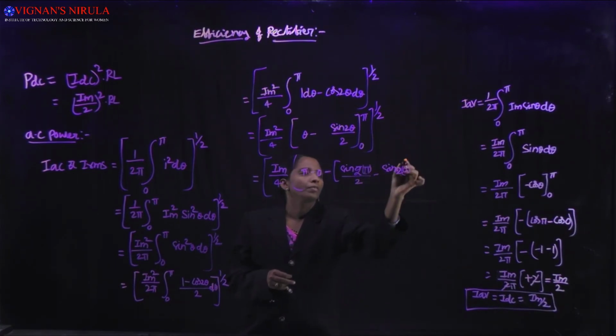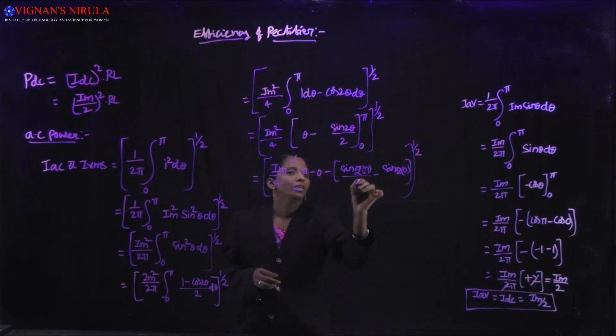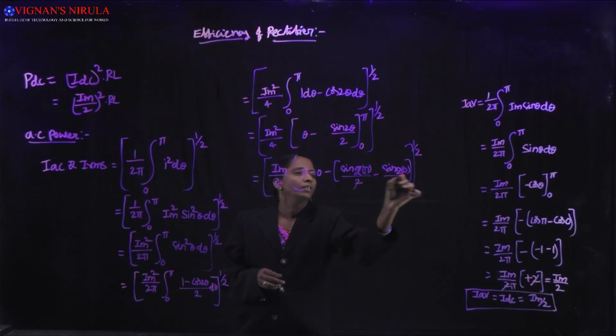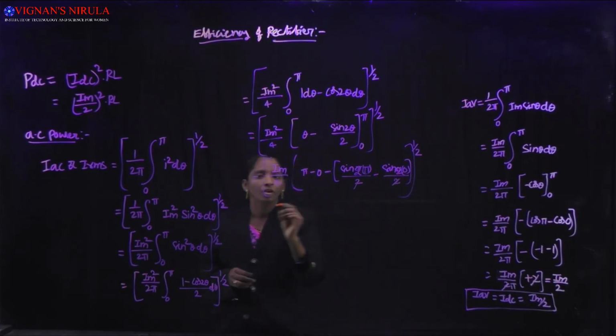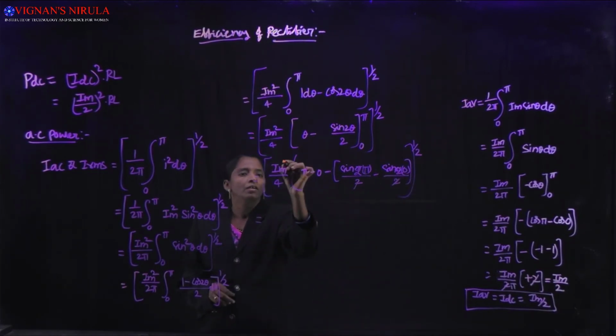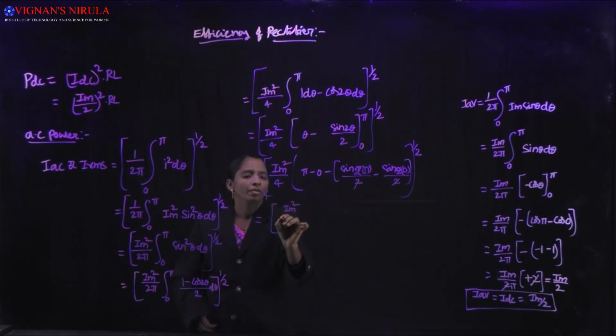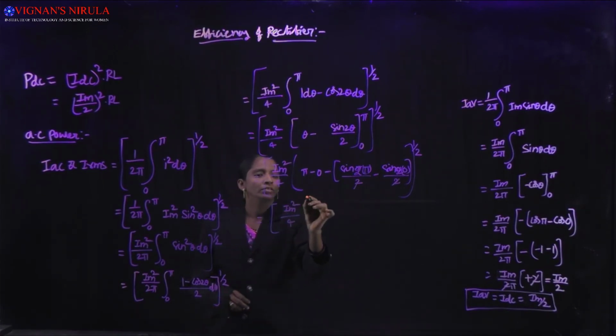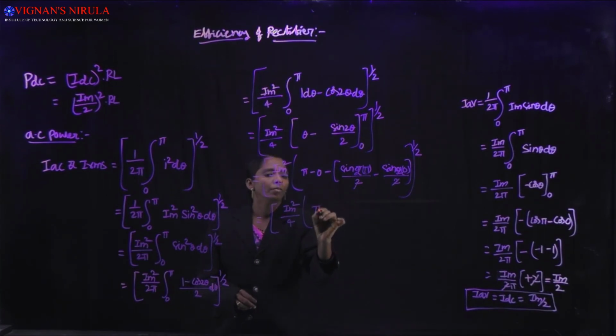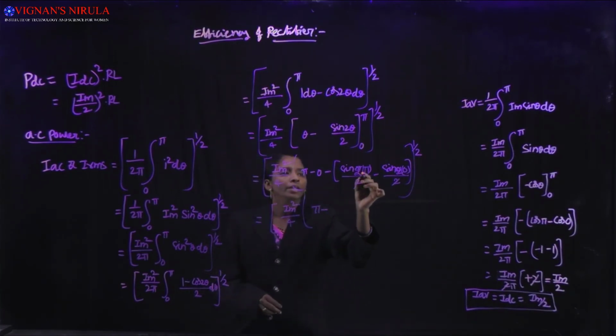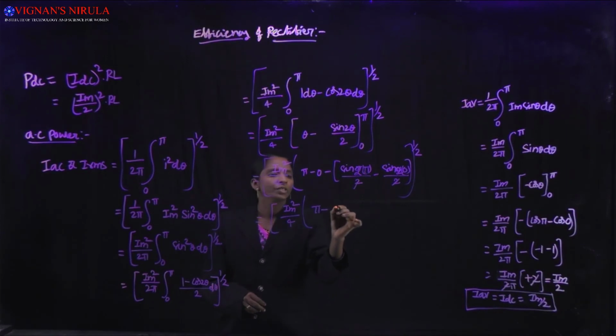2 gets cancelled. Now we are getting Im square by 4 pi into pi minus 0, since sin pi is 0 and sin 0 is also 0.